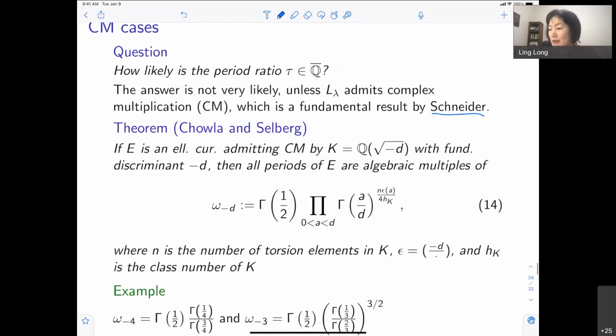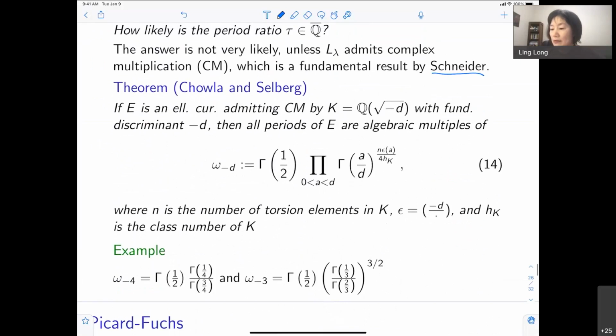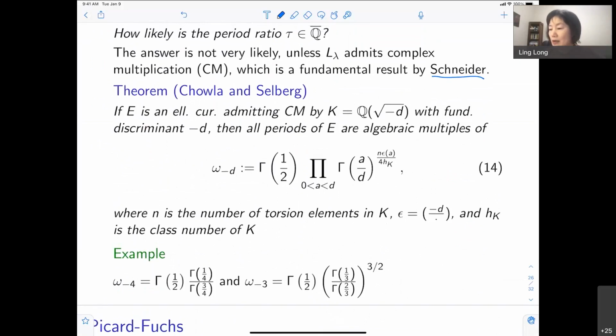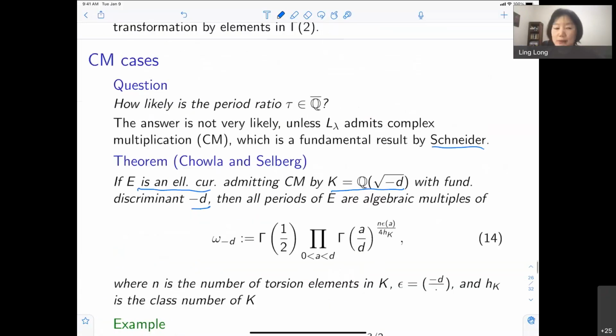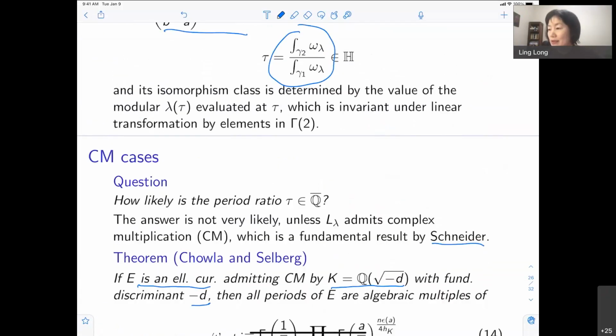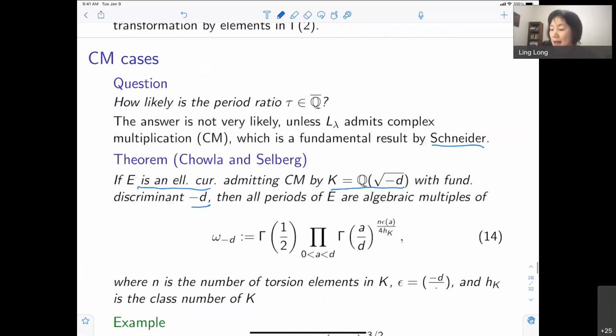The Chowla-Selberg formula tells you that if you have an elliptic curve which admits complex multiplication by an imaginary quadratic field with fundamental discriminant minus d, then all the periods of this elliptic curve are algebraic multiples, which means either the first period or the second period, they're all algebraic multiples of gamma value products.